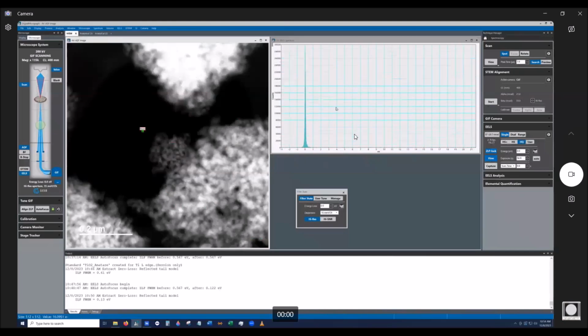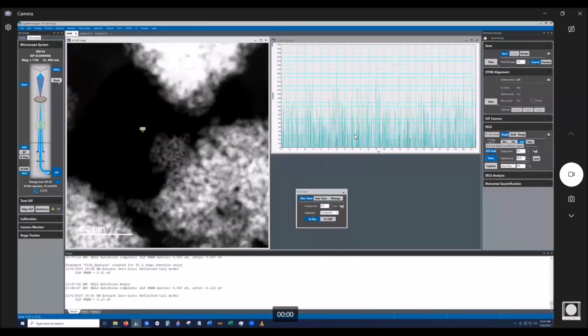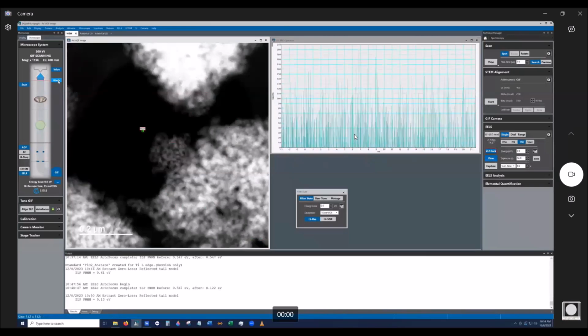And let me show you where that is actually in the microscope control software. So let me go ahead and blank off the beam here, and then I'll go back into the room and show you.